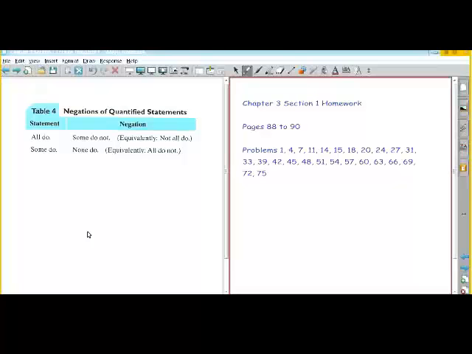So those are some ones that you could use kind of as a rule. And there's your homework for section 1. It's pretty much what we did here. It's writing negations of statements. It's taking logic statements and making them into word statements, and taking word statements and making them into logic statements.